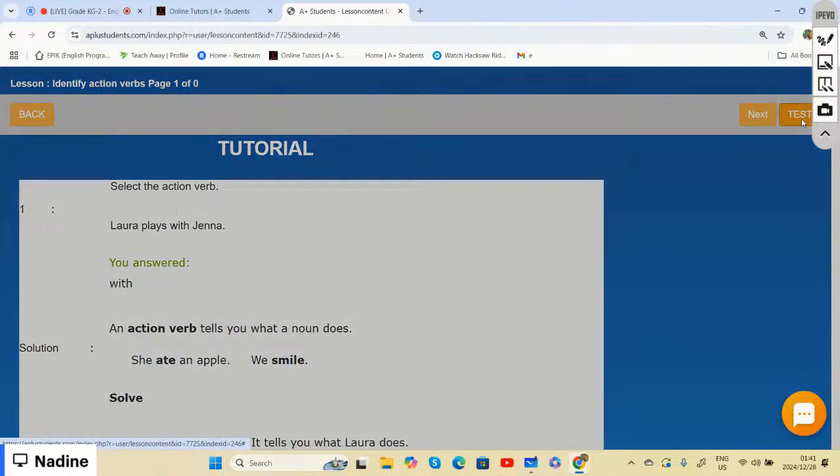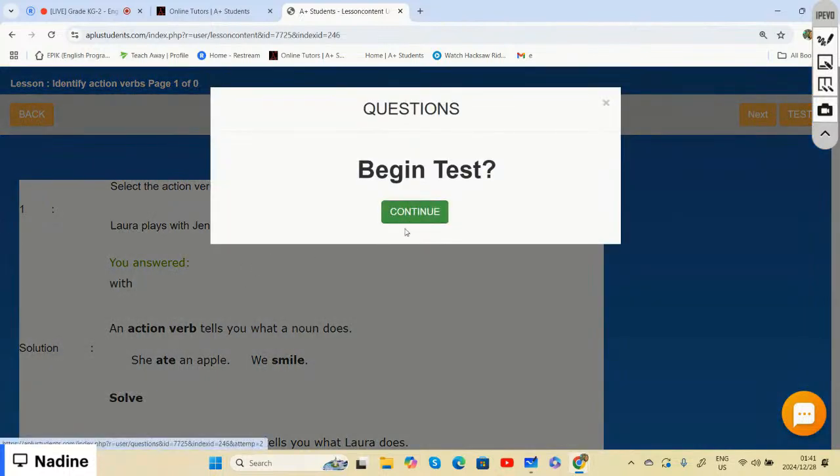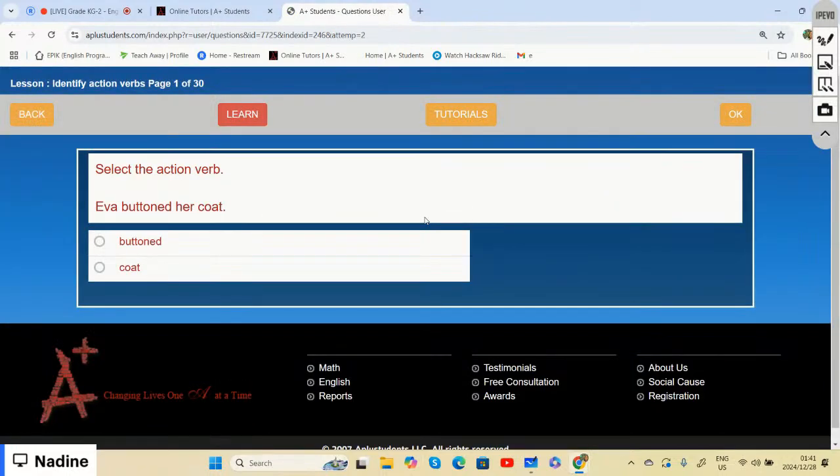So now we're going to our test where we are going to identify the action verbs within a sentence. All right, we need to select the action verb, the action that is being done within the sentence.